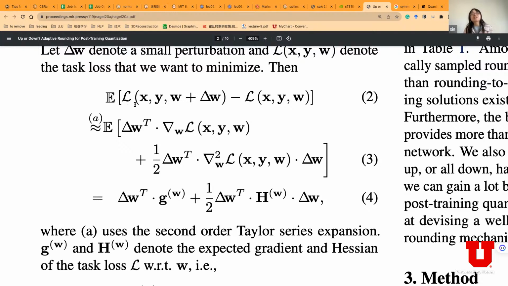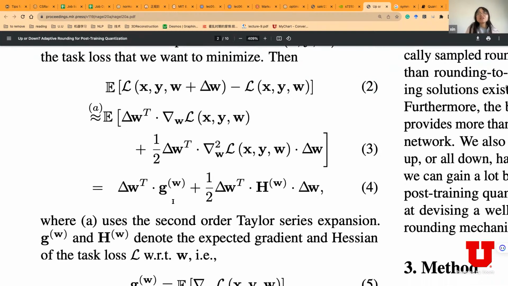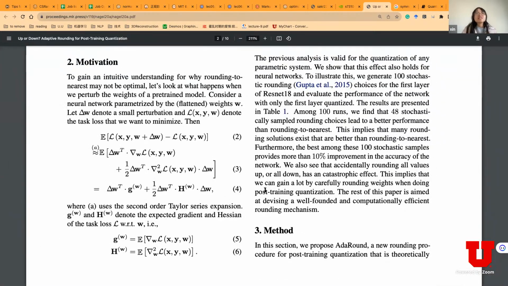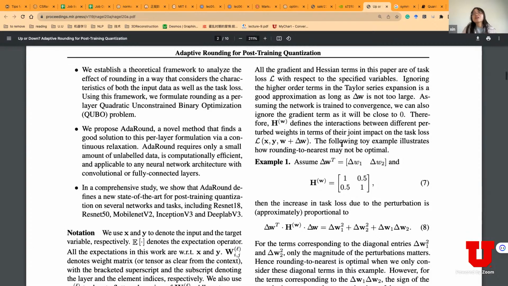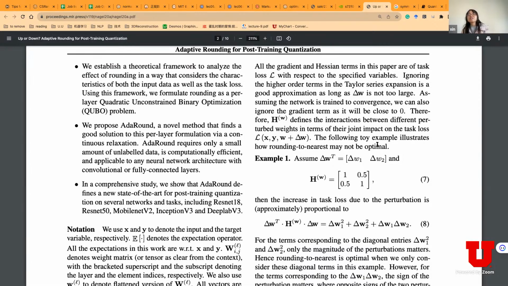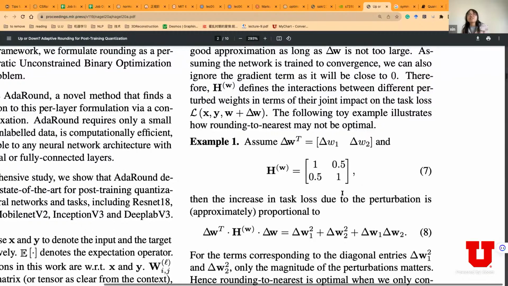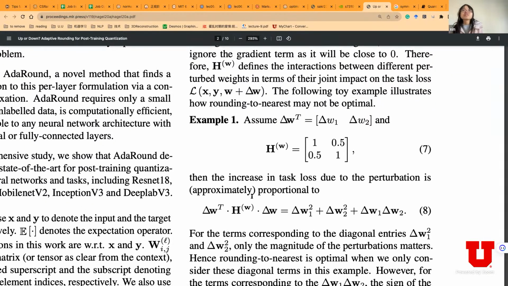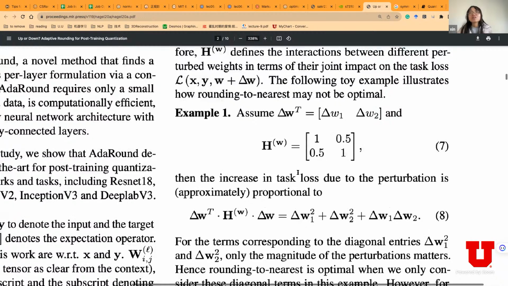With this formula, it's possible to estimate the change in the loss by the Taylor expansion. For the Taylor expansion, the most important terms are the first order gradient term and the second order term, that's the Hessian. In this example, it focuses on the second order term.